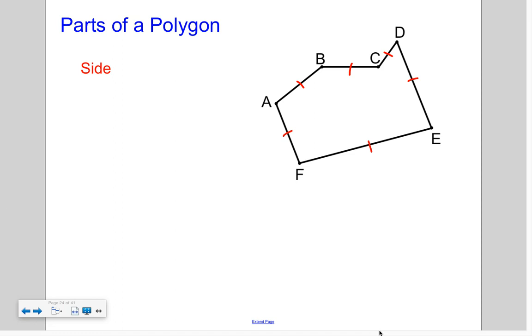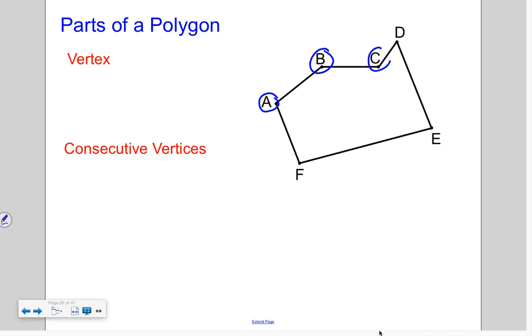Sides are segments. They're not lines. Sides are segments because they have endpoints. A vertex. So the vertex is where 2 sides meet. So we have 1, 2, 3, 4, 5, 6. 6 sides, 6 vertices.